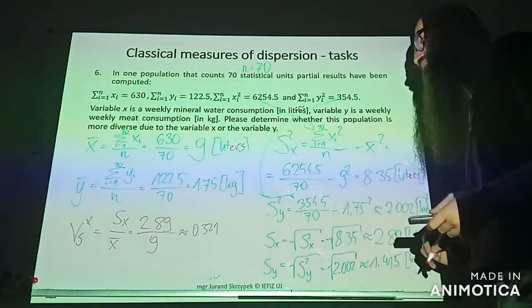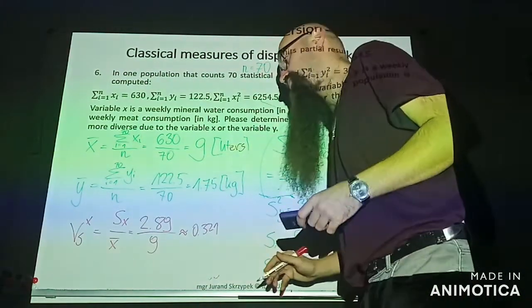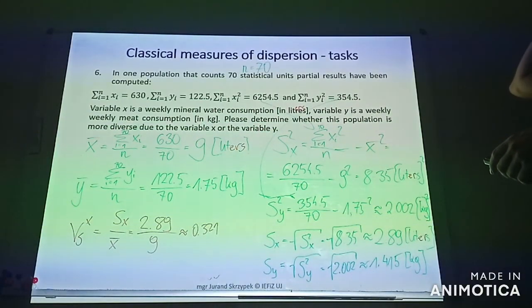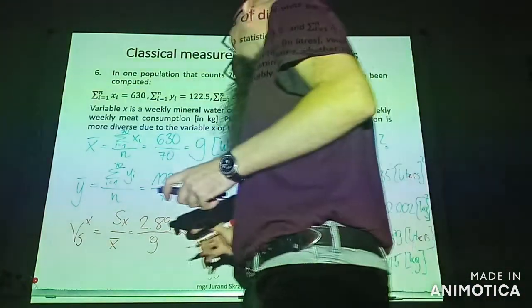As you can see, the average deviation of weekly mineral water consumption represents about 32% of its mean.